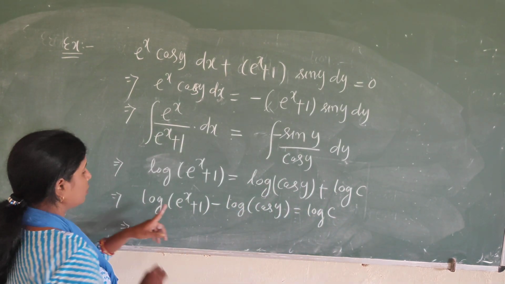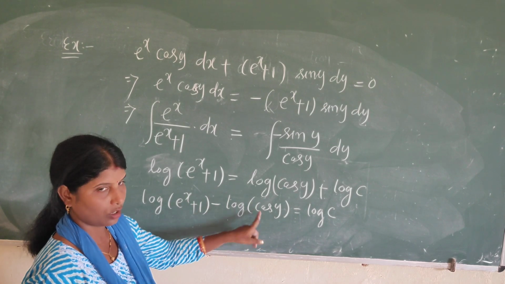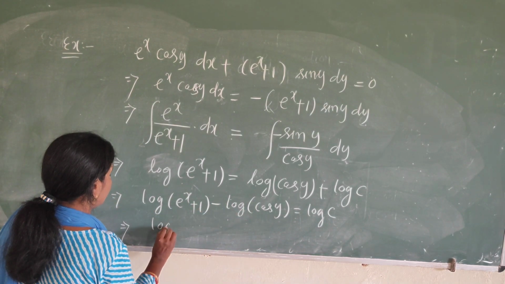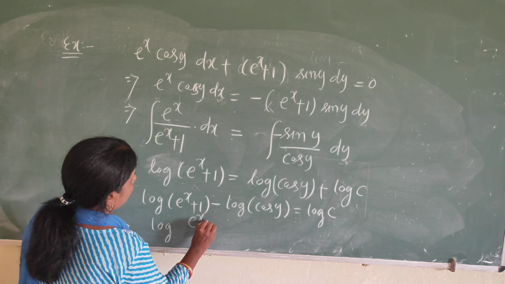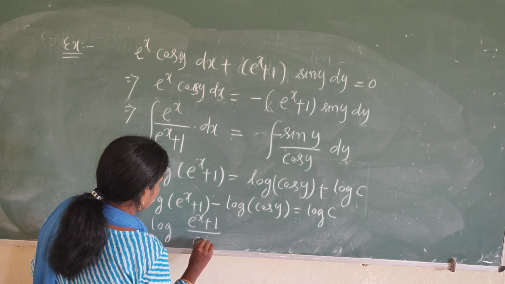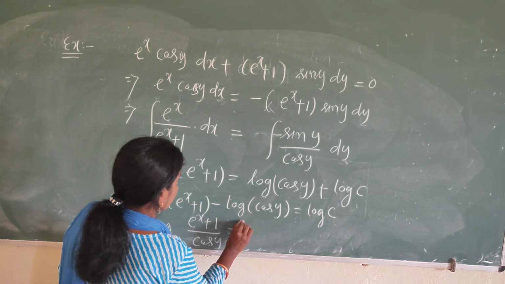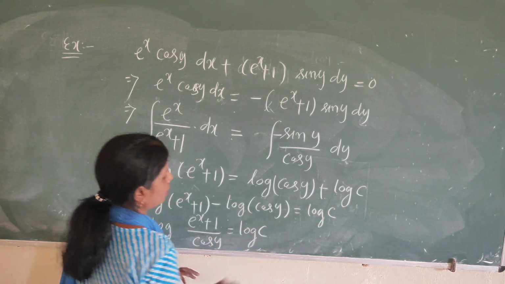And we know log a minus log b is log a by b. So log of (e to the power x plus 1) divided by cos y equal to log c.